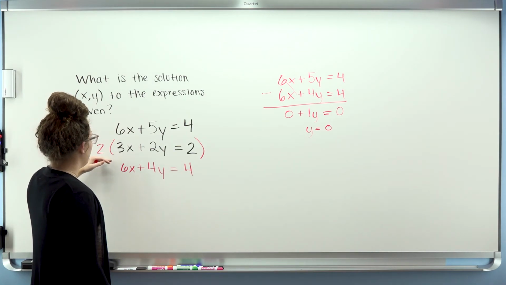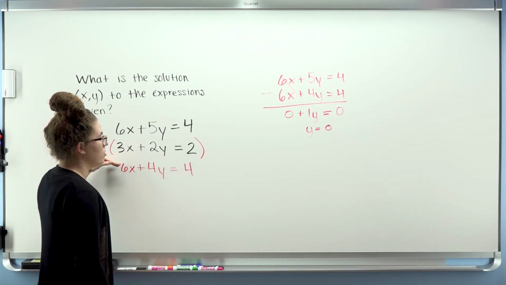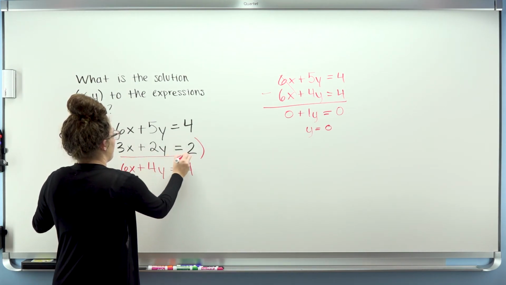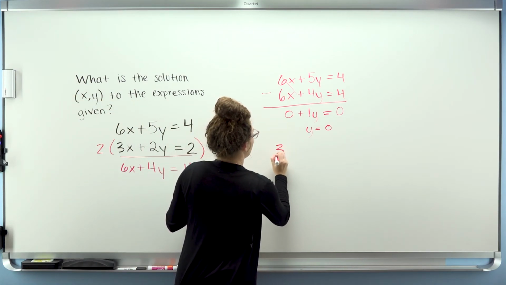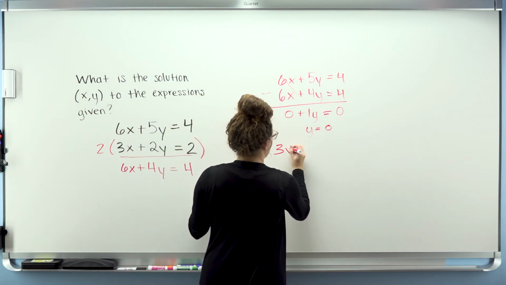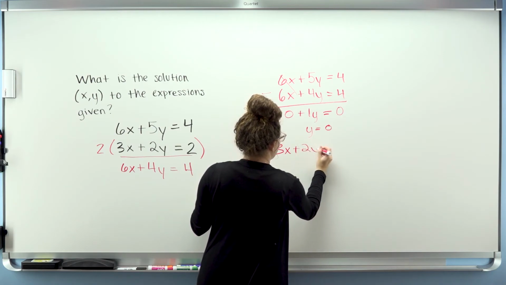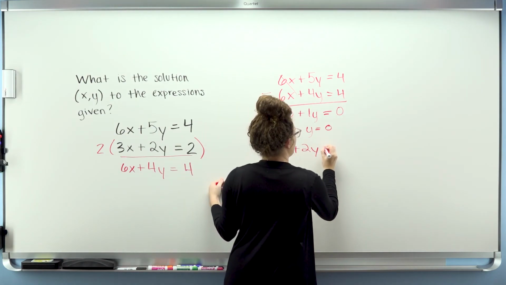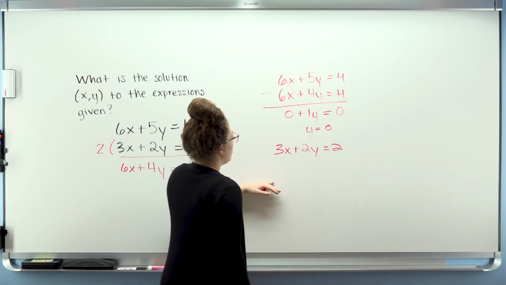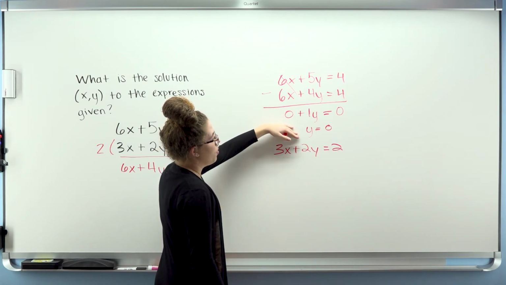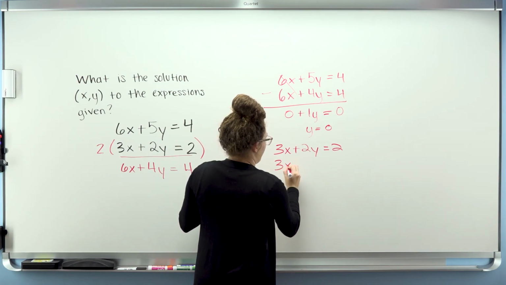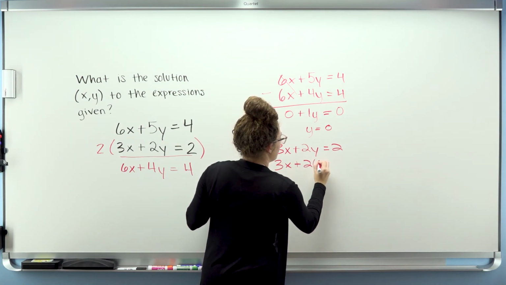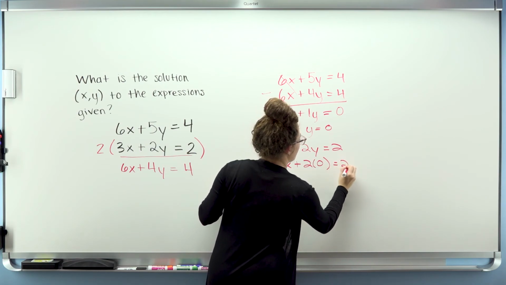I'm going to fill it into the beginning equation, our original, just again because it's smaller numbers and it will be faster to do. So if we have our 3x plus 2y is equal to 2, all we need to do is fill in our y as 0, and we can get our x value. 3x plus 2 times 0 is equal to 2.